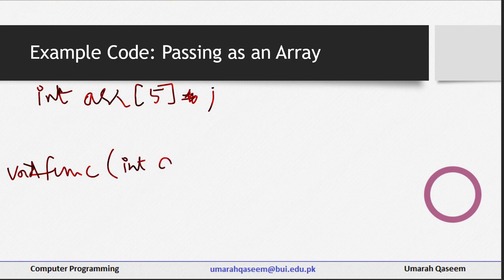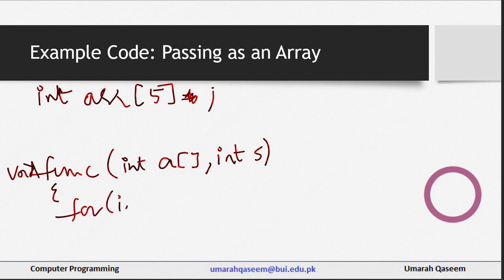So I'll write int, and then let's call the parameter a. I'll write it like this, and then I also have to pass the size of the array, let's take it as s. If I just wanna display it in a loop, right?